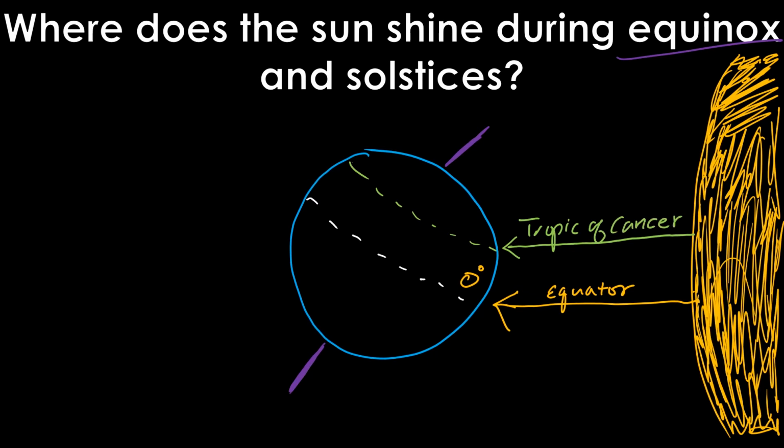Okay, and that's because right now the Earth is pointing towards the sun with its axis. So it would be summer in the northern hemisphere here.